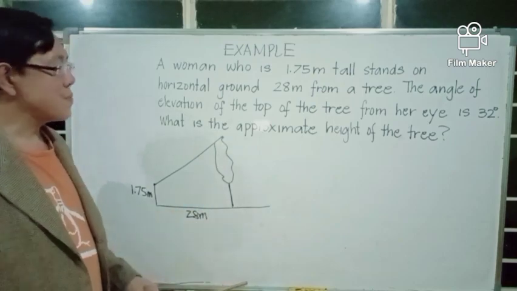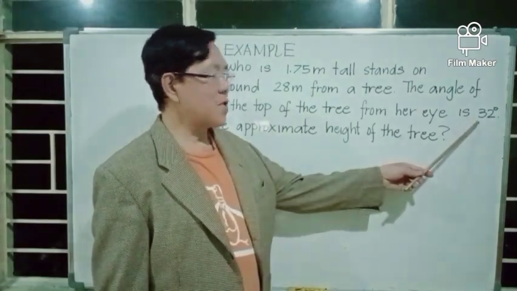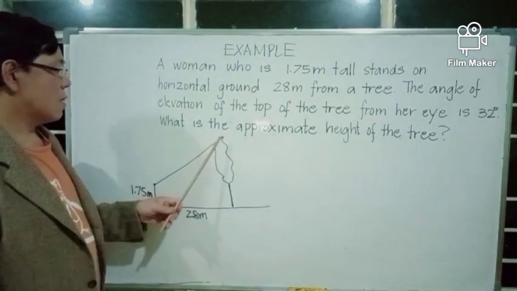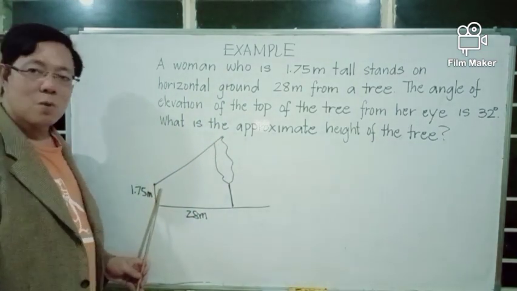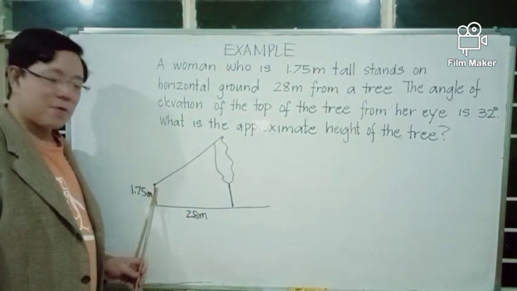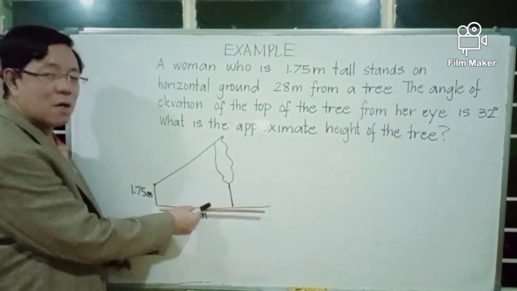And to draw the angle of elevation of 32 degrees of the top of the tree from the eye of the woman, we construct a line from the eye of the woman parallel with the horizontal ground.